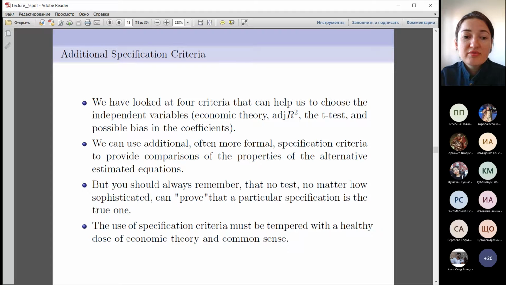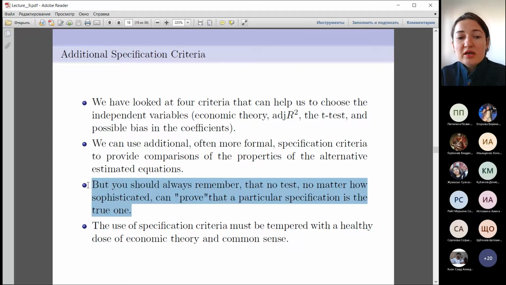This is a very important point, because students very often want to find some unique test and base all the results from their model on it, choosing the best model based on some test.